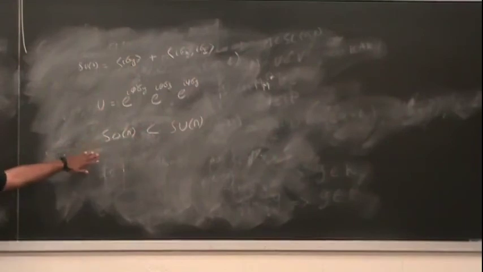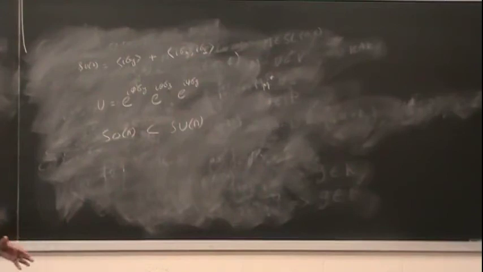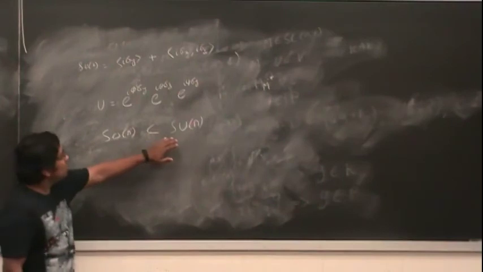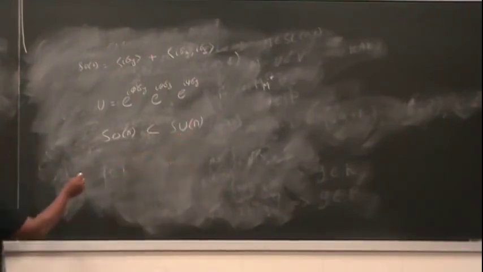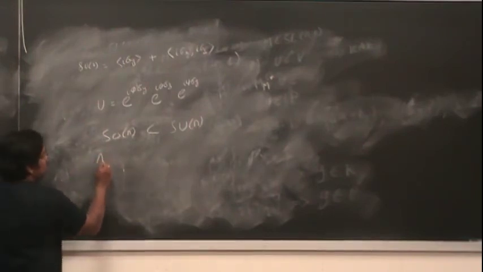I just want to mention this because this is something that we are using in our research, me and Chris. Think about different generators of SU(N). There are these generalized Gell-Mann matrices that we use to define the generators of SU(N). Different Gell-Mann matrices are like this.